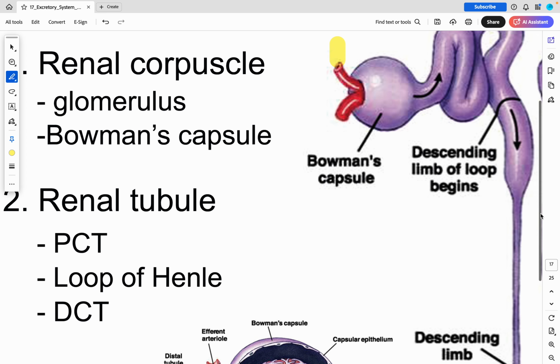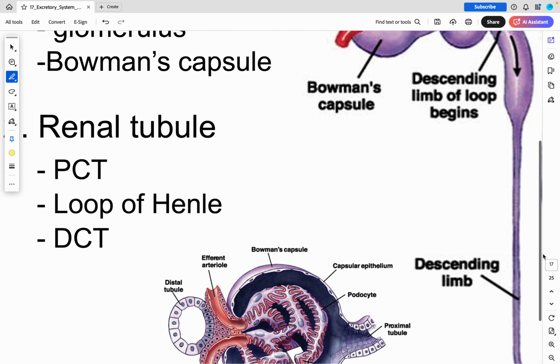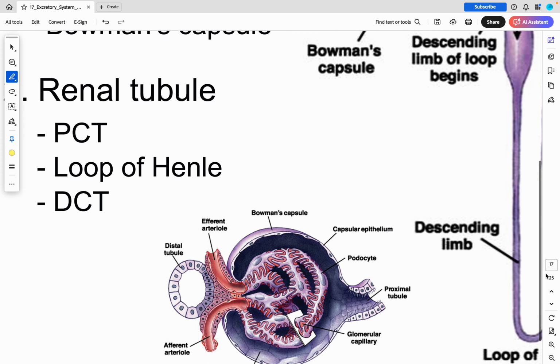So the renal corpuscle looks like this. You can see the afferent vessel, the afferent arteriole, blood entry, efferent, blood exits.